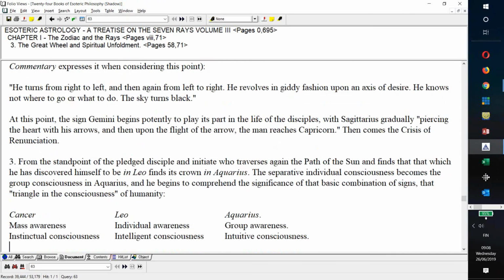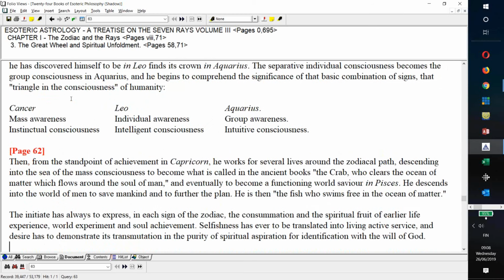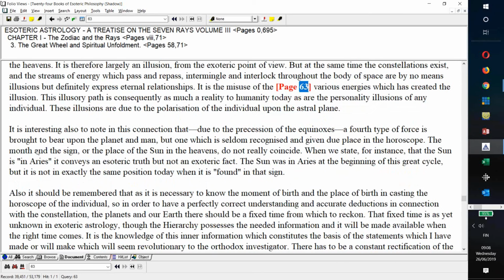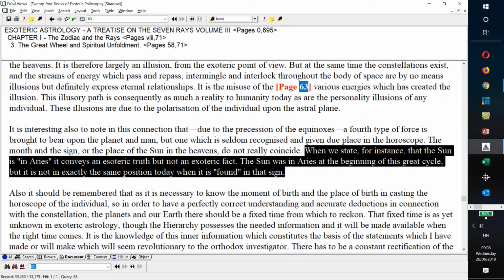Exactly. When the sun is in Aries, Sun, Aries, same. I'll try to look that up. It's right here. I think it's on 63. Yeah, here it is. He basically tells us this. I should always keep the highlight going.